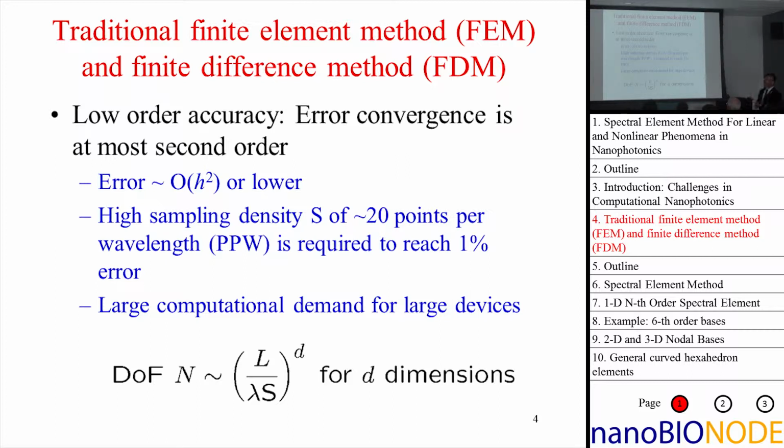So for a high-dimensional problem, for example a 3-dimensional problem, it's very costly to solve if the sampling density is very high.